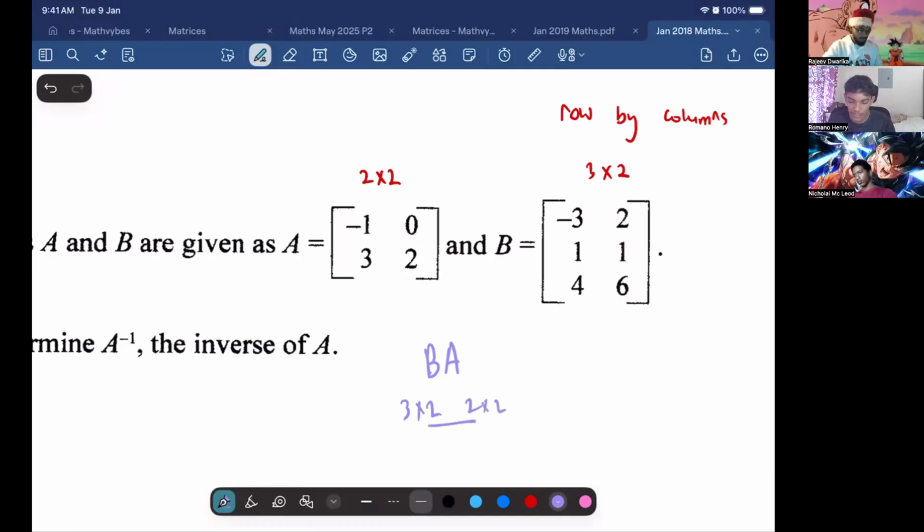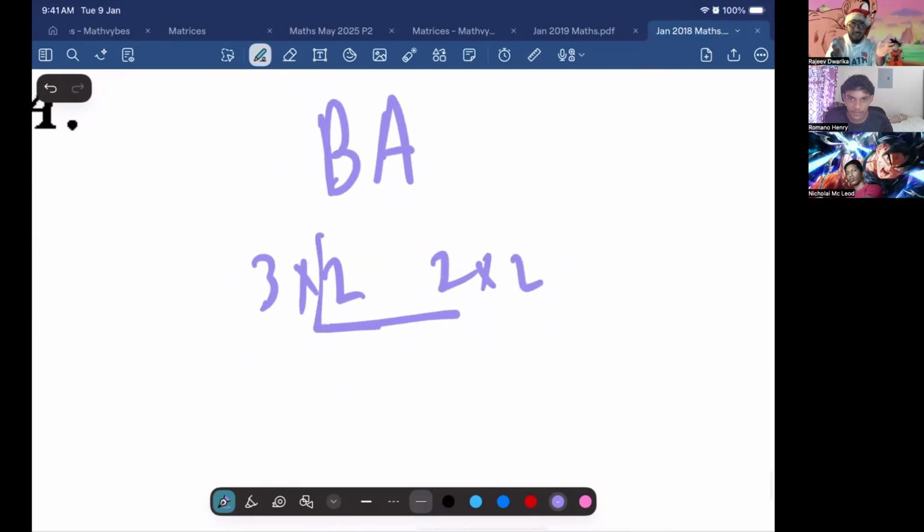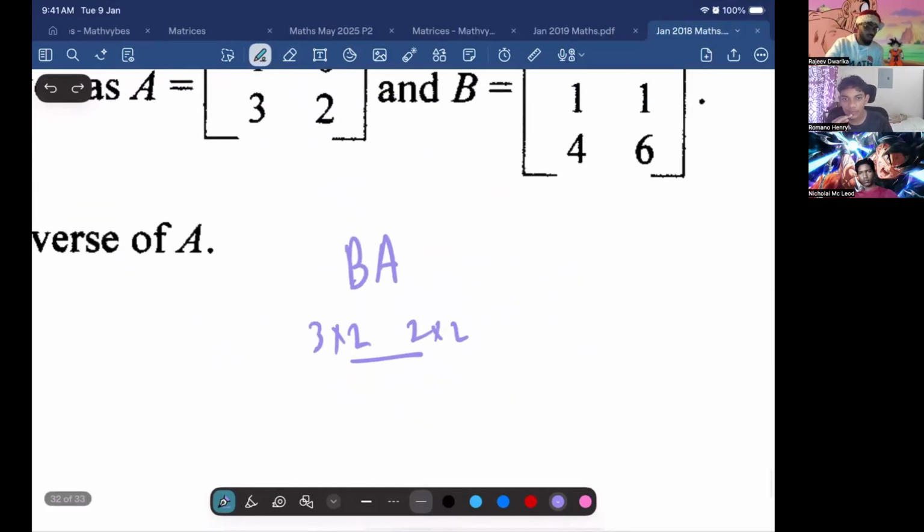Are the inner numbers the same? Watch: 3 by 2 and 2 by 2. The 2 and 2 are the same number. You gotta look at the inside, the two numbers inside. If the two numbers on the inside are the same, that means you can go ahead and multiply.